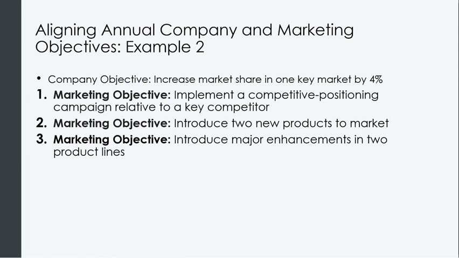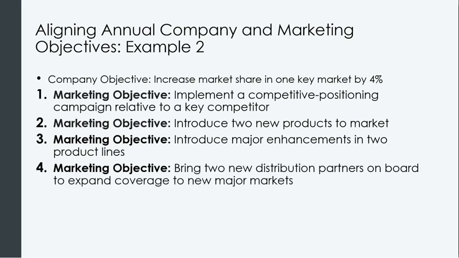The third one is to introduce major enhancements in 2 product lines. When you upgrade or improve or make any enhancements in the products that are already in the market, that will increase the market share of their products.